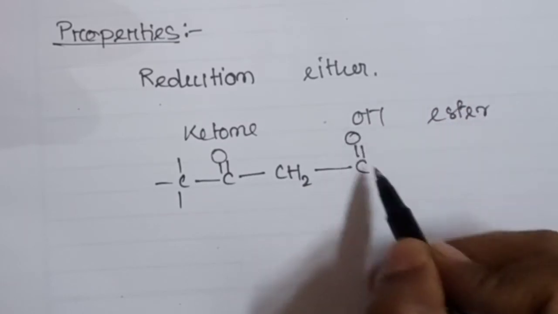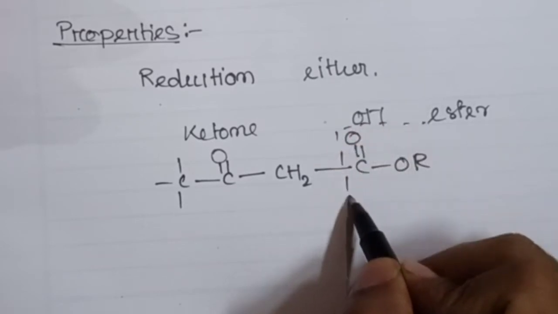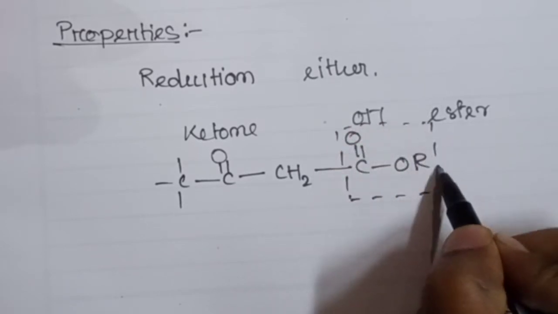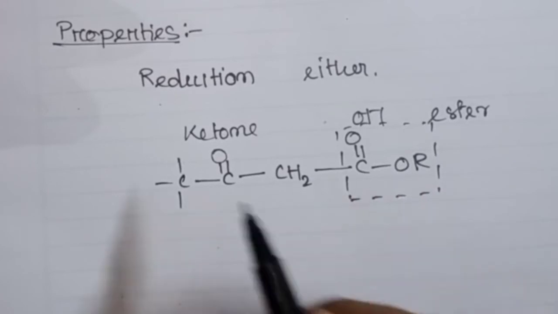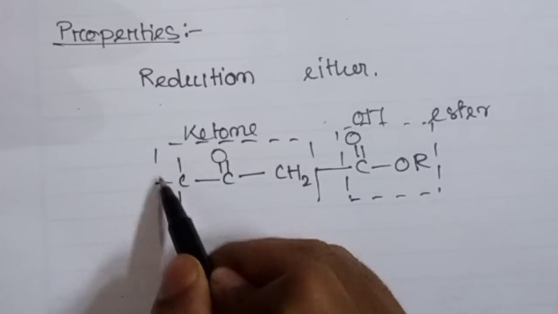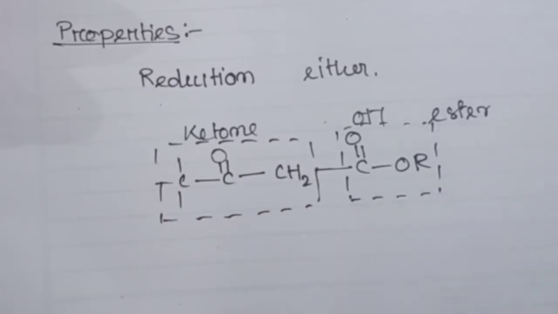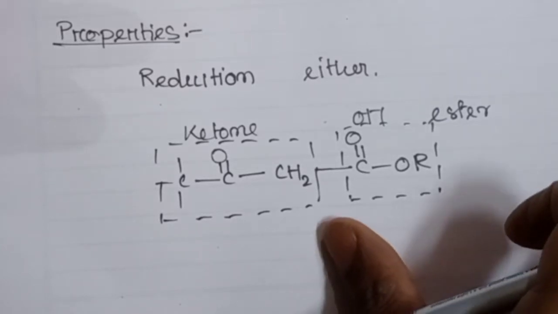Here it is the ester part. So that means reductions can be possible either in the ester group or in the ketonic group. Basically, the reduction commonly takes place in the ketonic group.